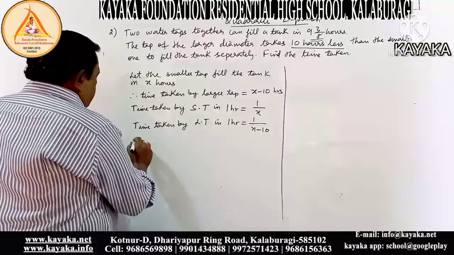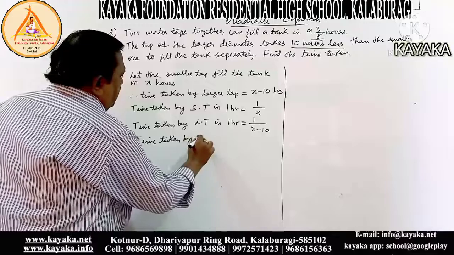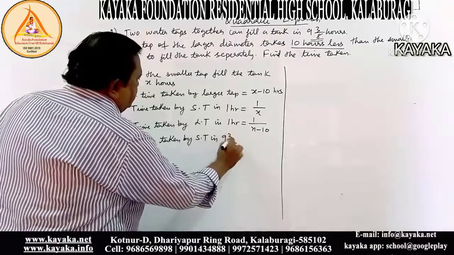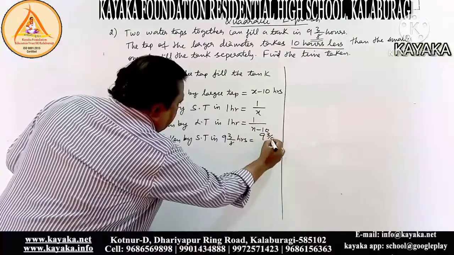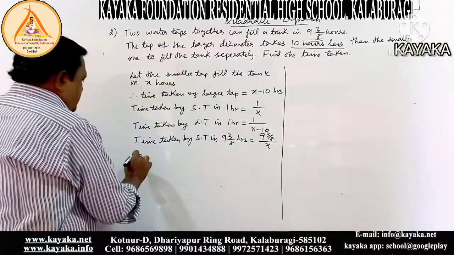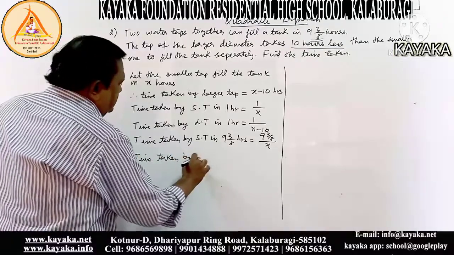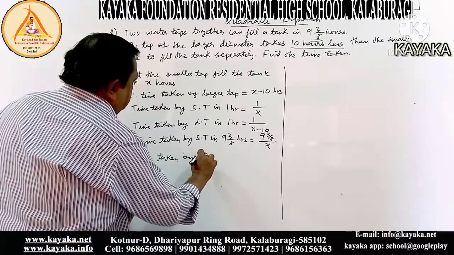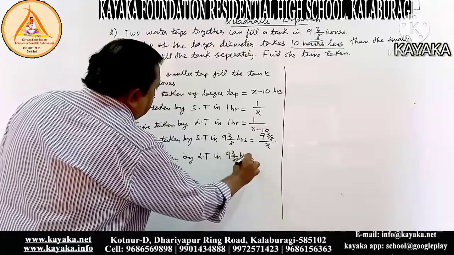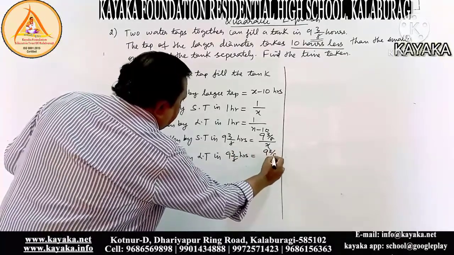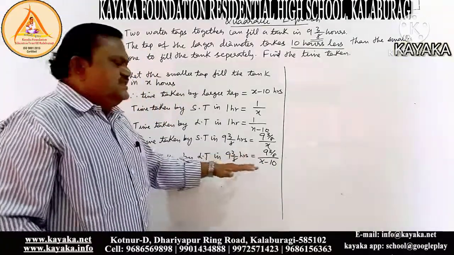Therefore, time taken by smaller tap in 9 3/8 hours will be equal to 9 3/8 divided by X. Time taken by larger tap in 9 3/8 hours will be equal to 9 3/8 divided by X minus 10. Okay, now this is the condition now.